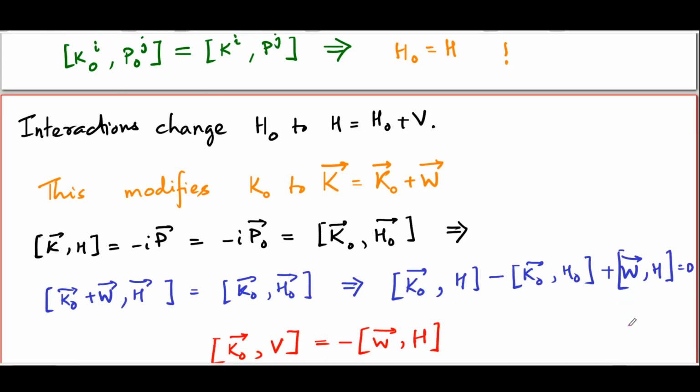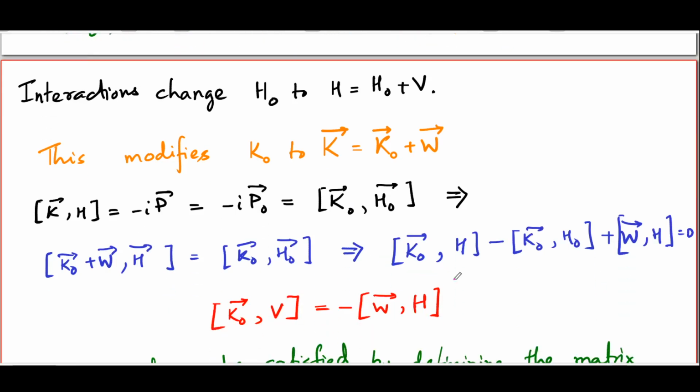And since H minus H0 is V, this gives us K0's commutator with V is minus W's commutator with H. So this gives us a relation which W, the change in the boost generator, must obey in order that the theory be Lorentz covariant.